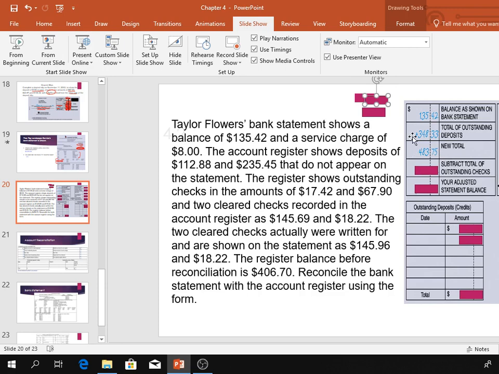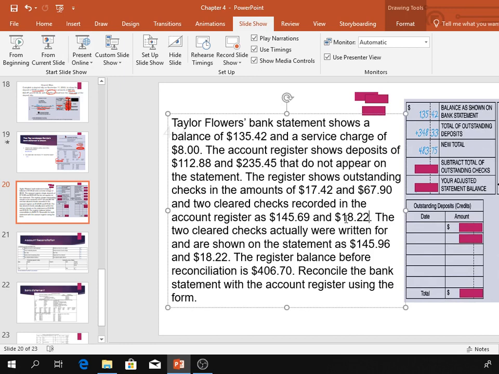So that gives me $483.75. Okay, and then let's see if I have any outstanding checks. Oh, how convenient, it's the next line. So the register shows outstanding checks in the amount of $17.42, as well as $67.90. And it has two cleared checks recorded in the account register as $145.69 and $18.22.